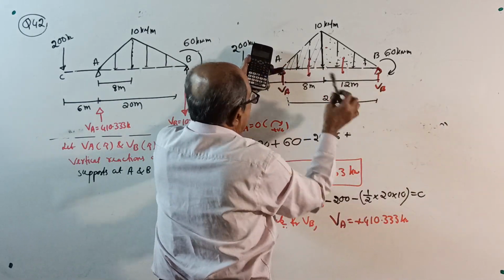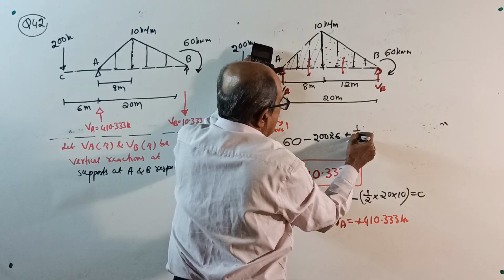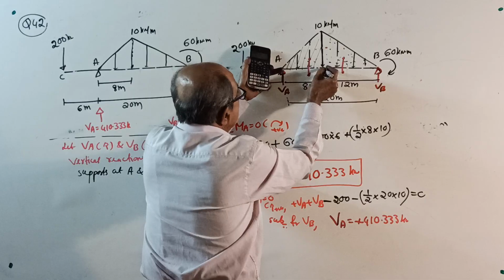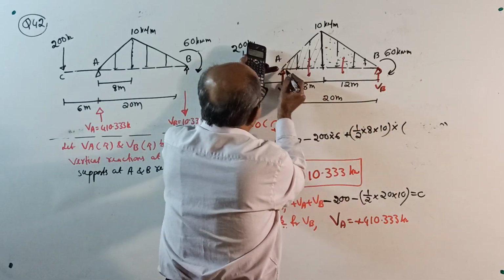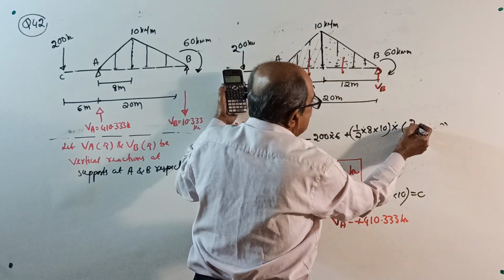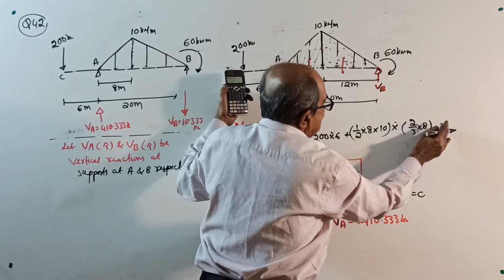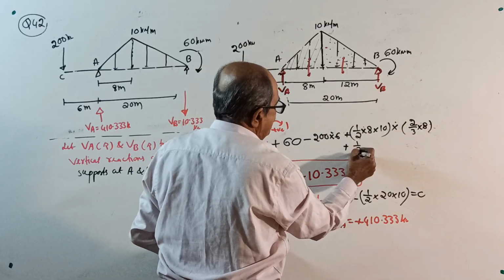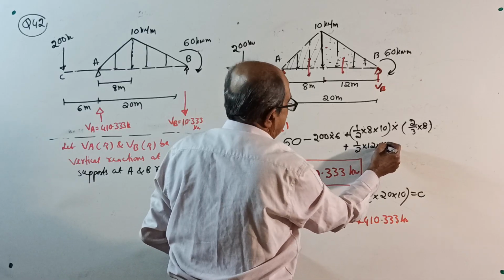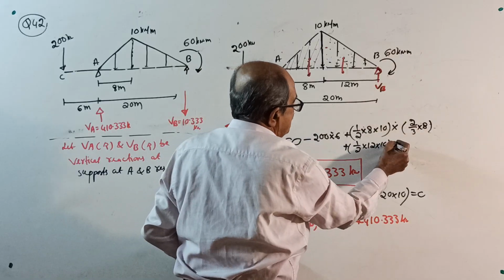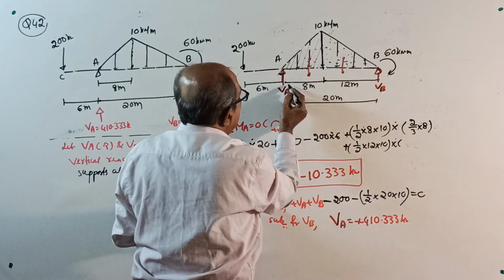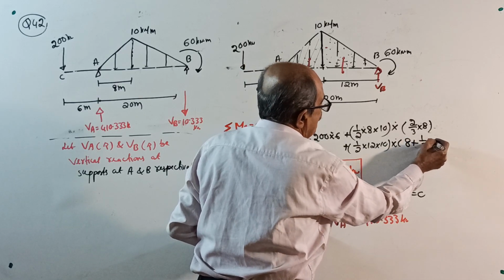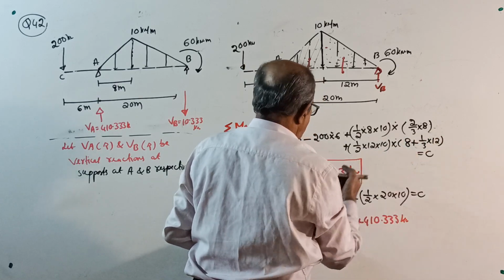Plus, this load: half into 8 into 10 is the total load for this portion, into from here to here is 2/3 of 8, plus half into 12 into 10 is this total load, into moment about A, 8 plus 1/3 of 12 equal to 0. You get the value of VB.